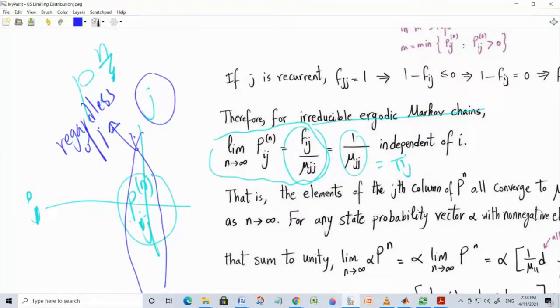This is again a very important property for those Markov chains. But you need to know that they are ergodic. You need to check that every state is indeed aperiodic and positive recurrent, and that every state is reachable from any other state. If that is true, then the transition probability matrix raised to higher and higher powers will have this nice property that each element in column j will get closer and closer to 1 over mu jj.